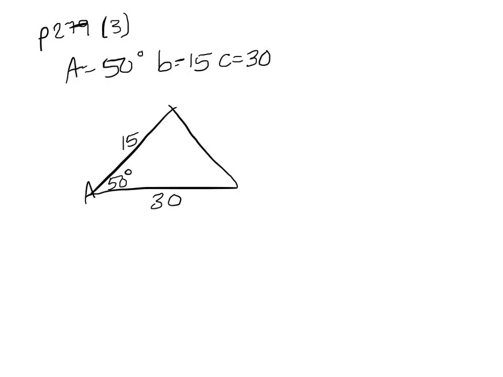I'm going to have to make sure that I use the one with A squared equals, because that's the angle. That's the only angle I have, right? So A squared equals 15 squared plus 30 squared minus 2 times 15 times 30 times the cosine of 50 degrees.